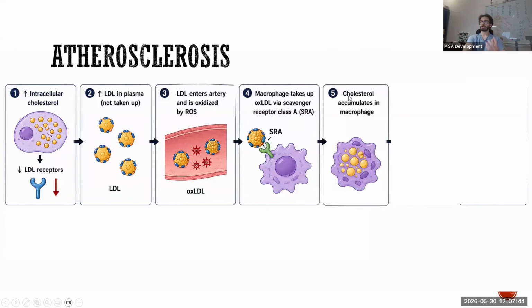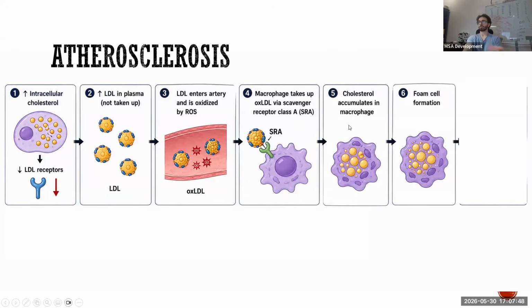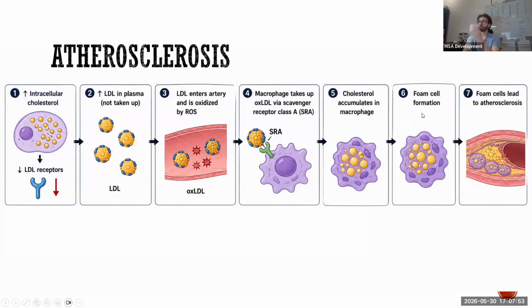What will this lead to? Cholesterol accumulating in macrophages. Okay, is that bad? Of course it's bad because we will have foam cell formation. Foam cells are what will end up blocking the arteries, leading to atherosclerosis. Guys, sclerosis means thickening, hardening. Atherosclerosis is basically thickening in the artery. So we have thickening or narrowing of the artery because of the foam cell deposition.